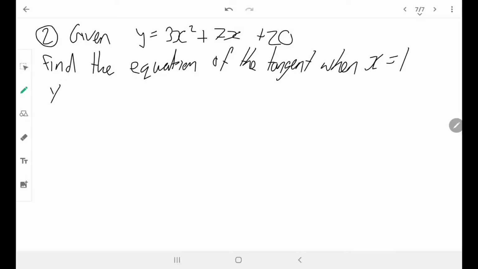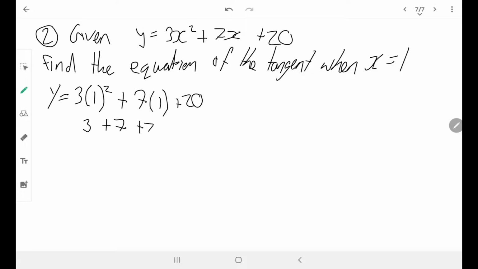So y equals 3 lots of 1 squared plus 7 lots of 1 plus 20. 3 times 1 squared is 3, plus 7 times 1 is 7, plus 20 equals 30. So that gives us y is 30, and we can even write it as a coordinate of 1, 30.